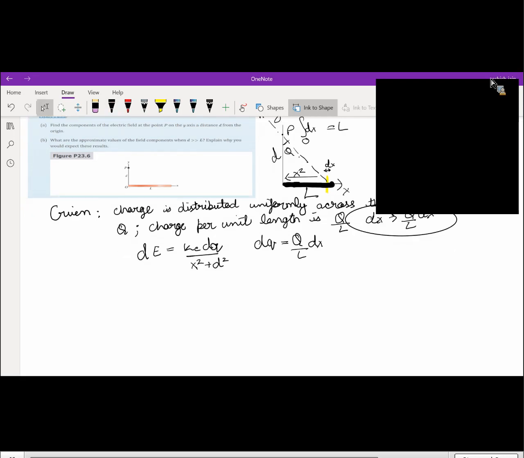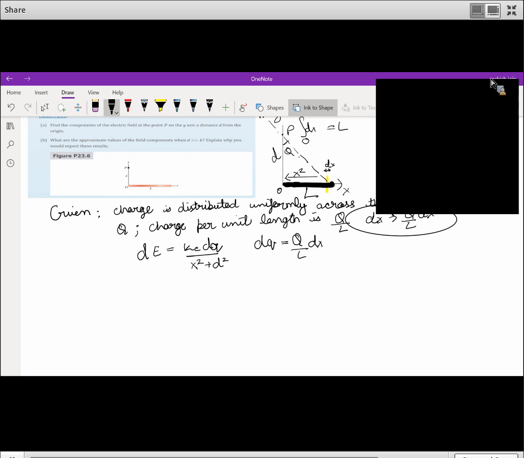Now the first part says find the components of the electric field at point P on the y-axis, a distance d from the origin. So the distance is given as d, and this is the origin. We are asked to find the components, so there are two components, dEx and dEy.